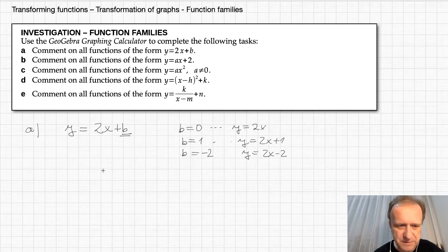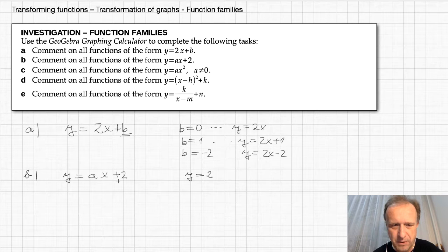Okay, now let us look at part b. We have to comment on all functions of the form y equals a times x plus 2. Okay, so what functions do we mean? For example, when a is 0, we can have the function y equals 2. Or when a is, say, 1, we can have y equals x plus 2.